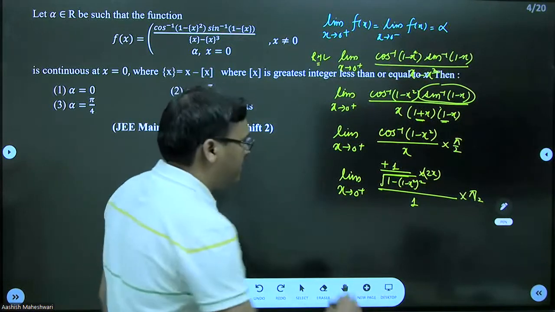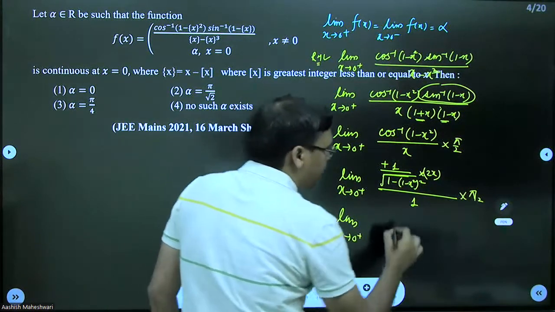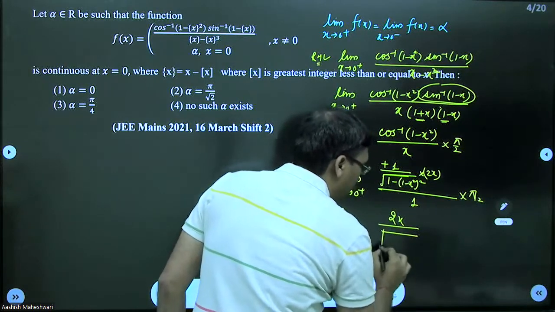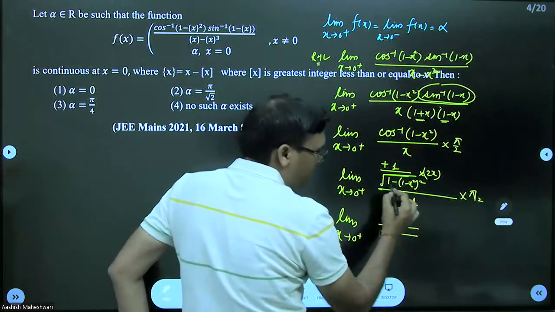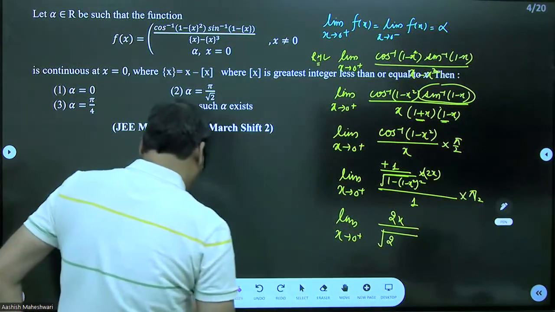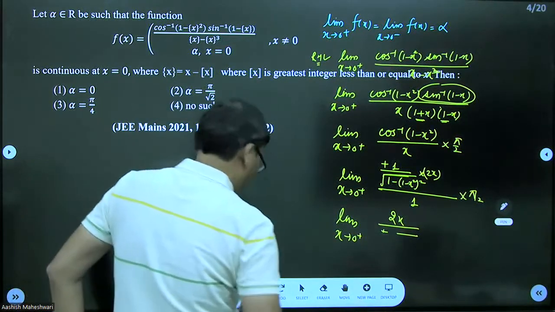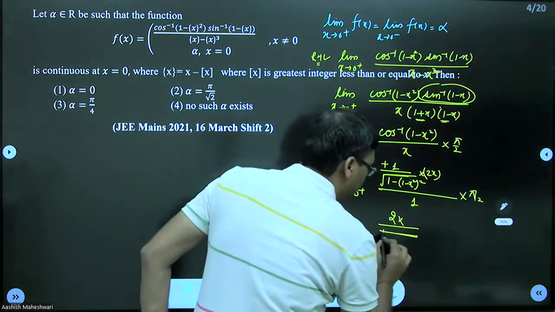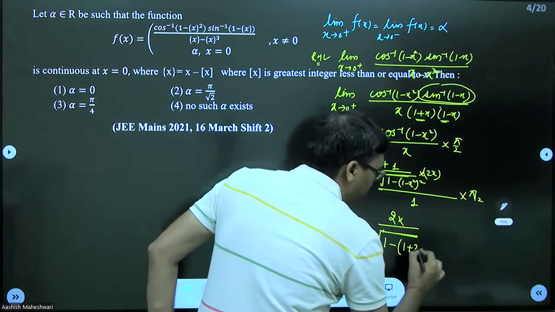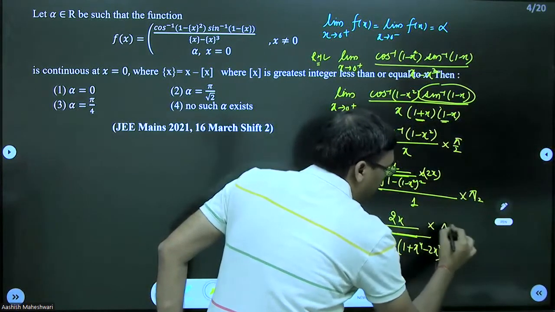So now if I simplify this, this is limit x approaches 0 plus of 2x upon, if you simplify this you can see 1 will cancel. Let's simplify this completely. 1 minus plus x raised to 4 minus 2x square into pi by 2.